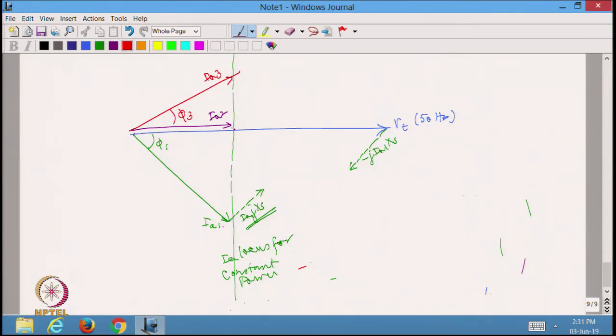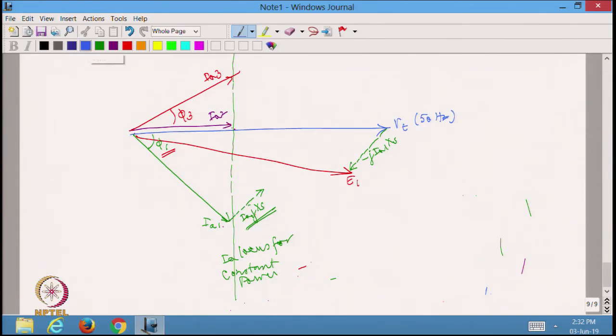Then I should be able to draw this particular point as E1. This is the excitation voltage corresponding to the first condition, where I am having a lagging power factor phi 1. Okay.